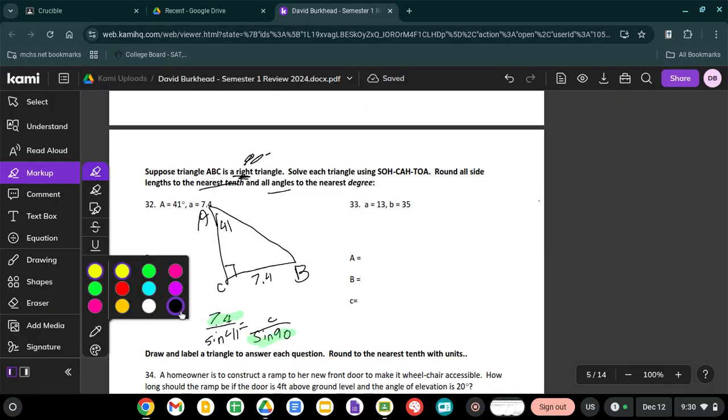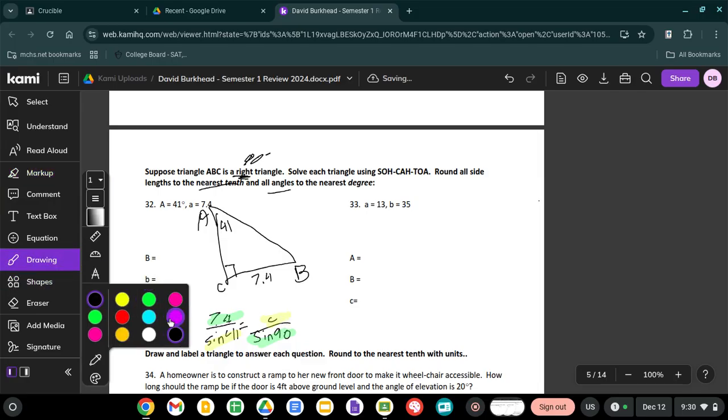And then after doing that and rounding to the nearest tenth and nearest degree, length C should be 11.3.